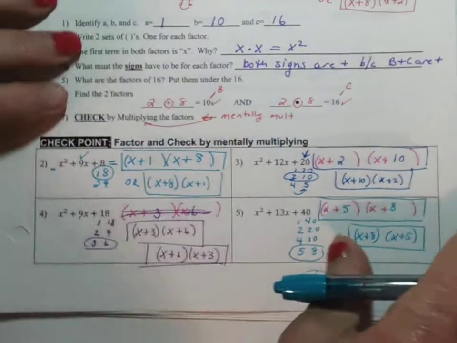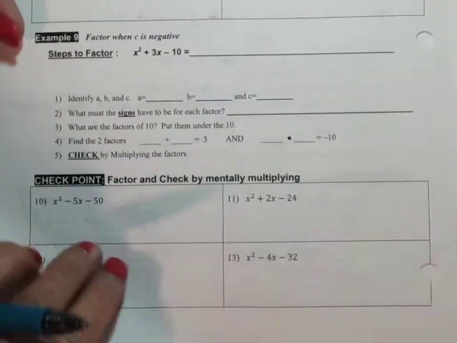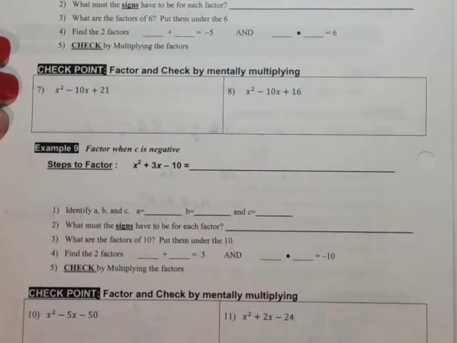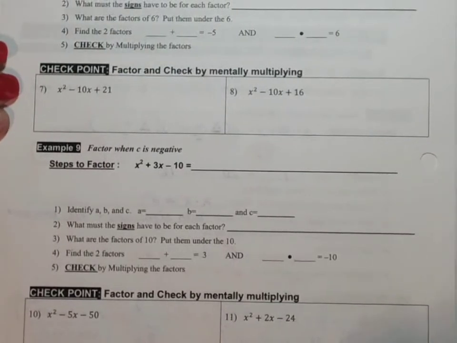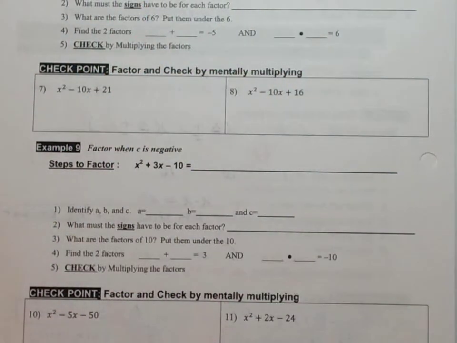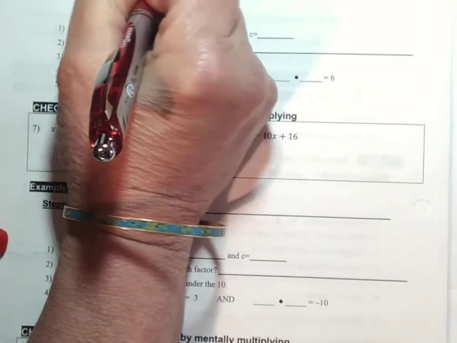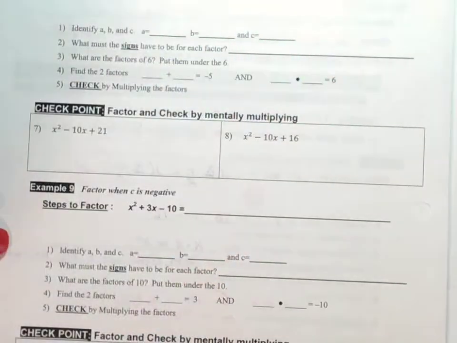So now let's get a little bit more complicated. What do you notice is different here with this problem? In this problem, we have a negative b.